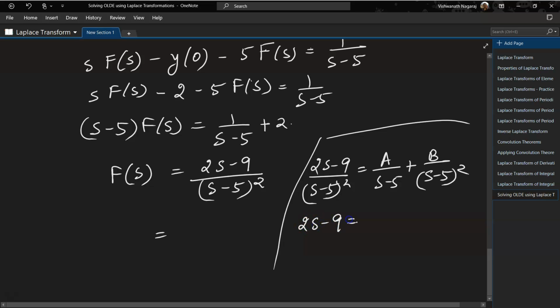So 2s minus 9, this would be a times s minus 5 plus b times 1, because s minus 5 is already there here. So this would be equal to as minus 5a plus b is equal to 2s minus 9.